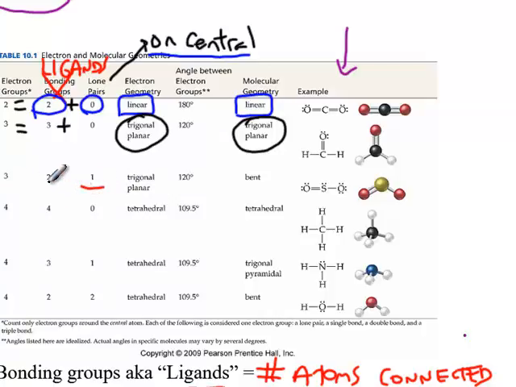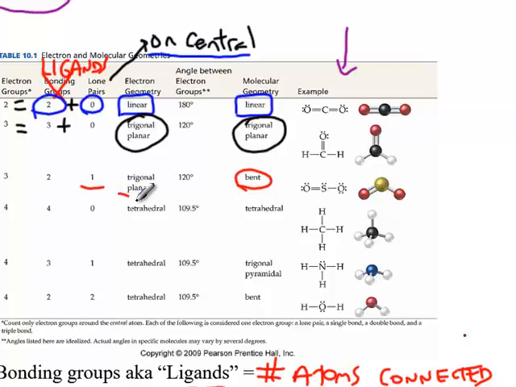So the next row, 2 ligands, 1 lone pair, this would be an example Lewis structure. A ligand on the left, a ligand on the right, 1 lone pair on the central sulfur. So if you look at the atoms, it's a bent shape.